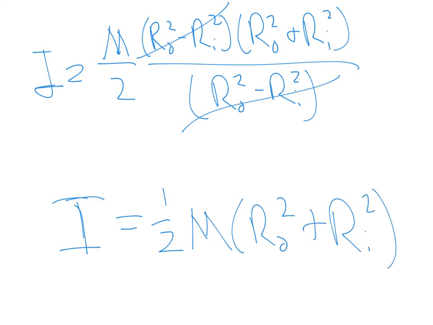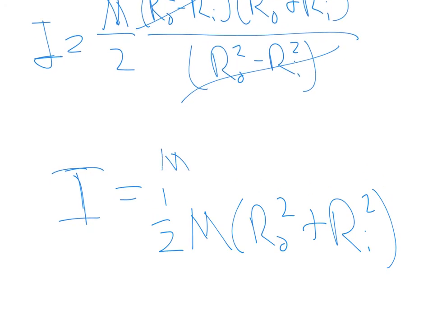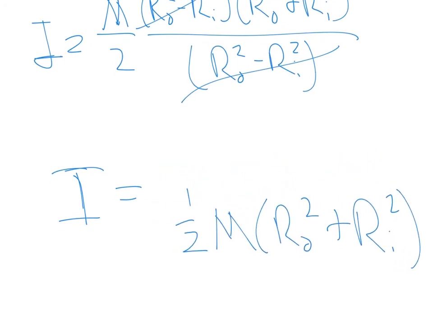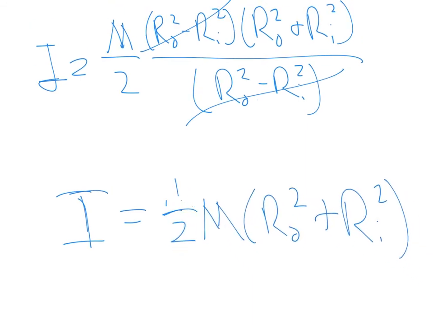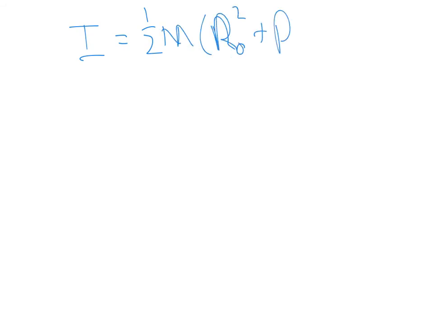You're adding the inner radius, which actually makes a lot of sense because if you compare the moment of inertia of a ring, right? A ring where all the mass... Okay. New slide. So here it is, 1/2 m times r outer squared plus r inner squared.